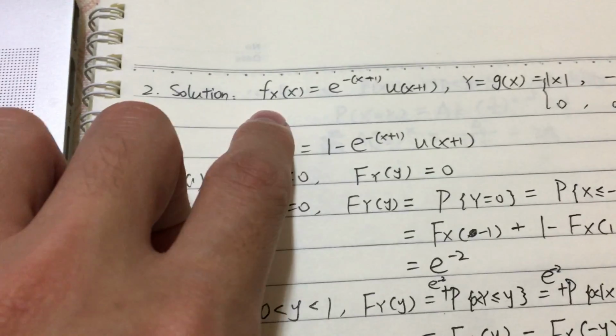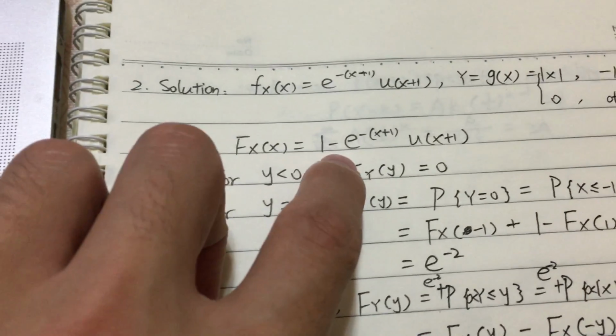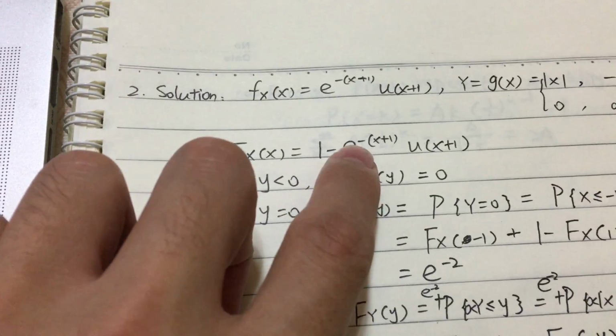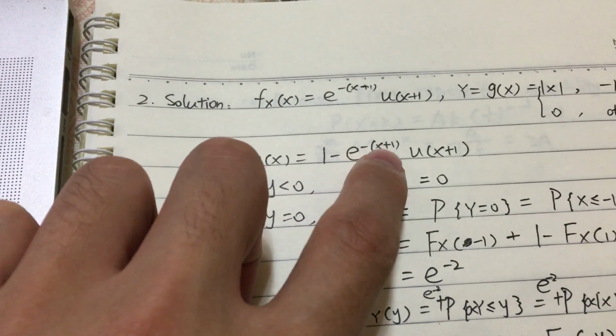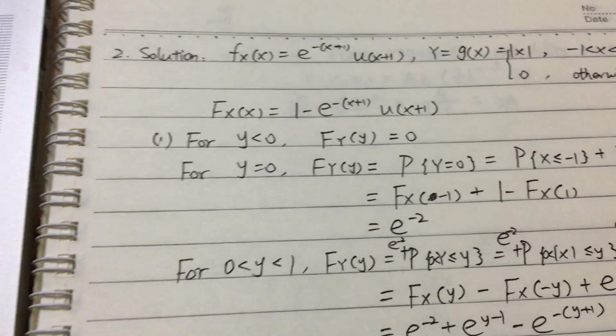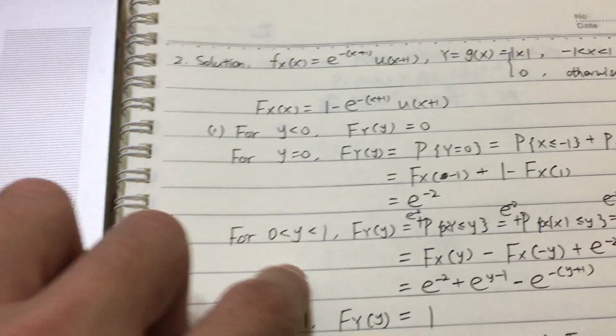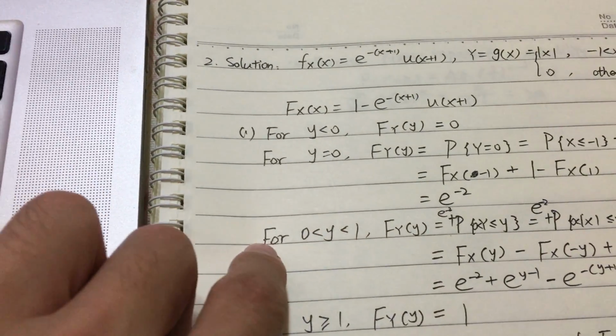So from this PDF we can find the big Fx is equal to 1 minus e^(-(x+1)) u(x+1). And the first part is to solve for big Fy.